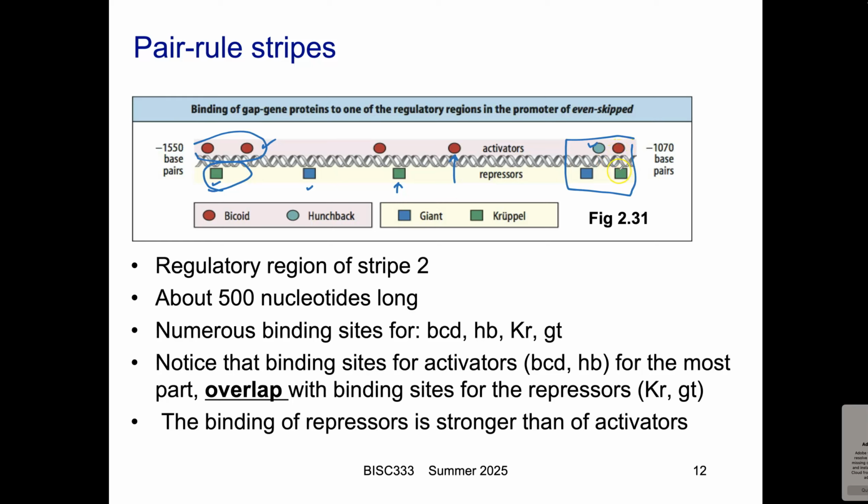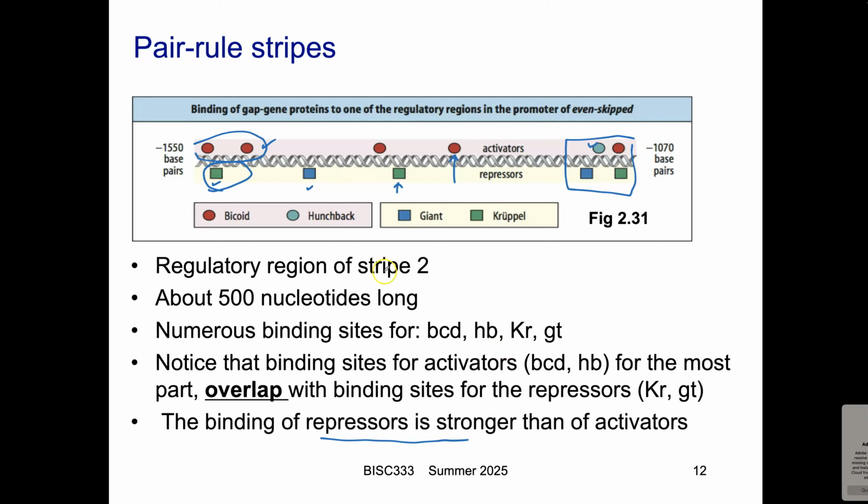And so whichever ones are in the larger amount will win. If you have approximately equal amounts, the repressors will win. So if you had the same amount of, say, hunchback and Krüppel, just as examples, Krüppel would win because its binding affinity is stronger, so it will outcompete the activators.